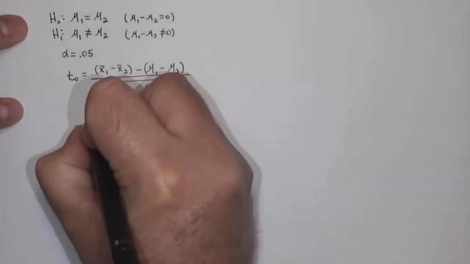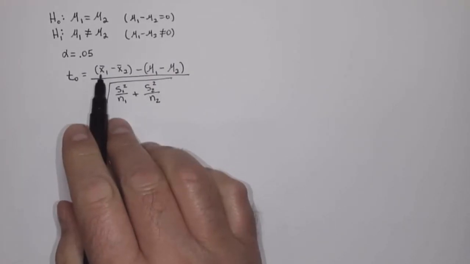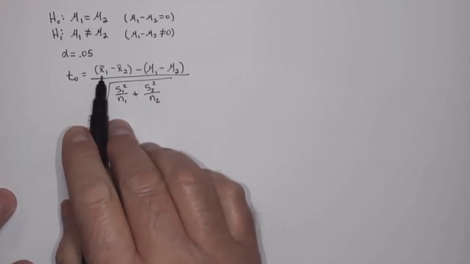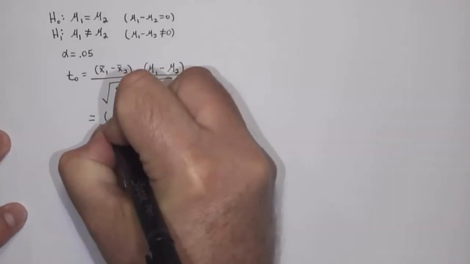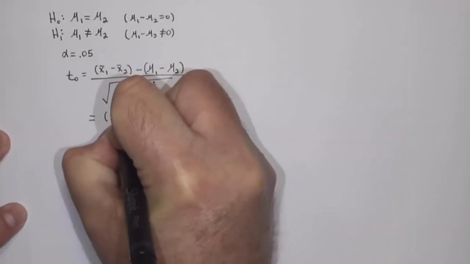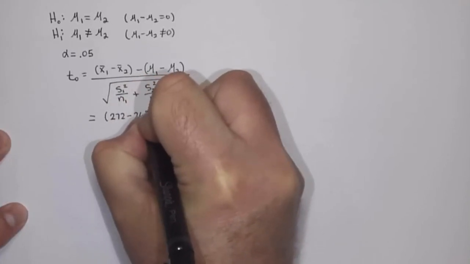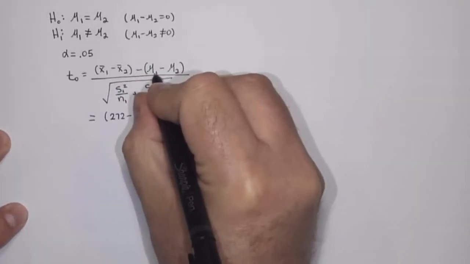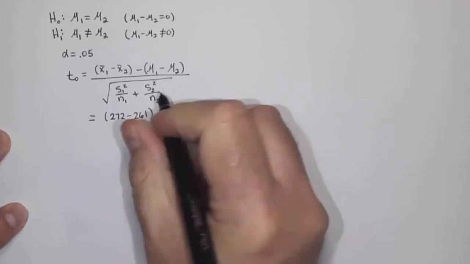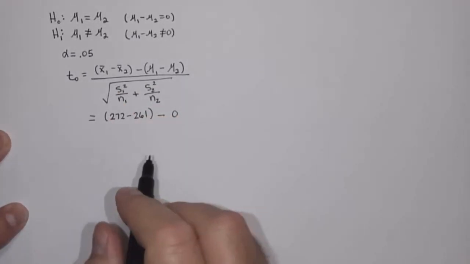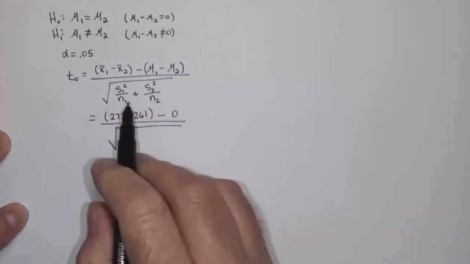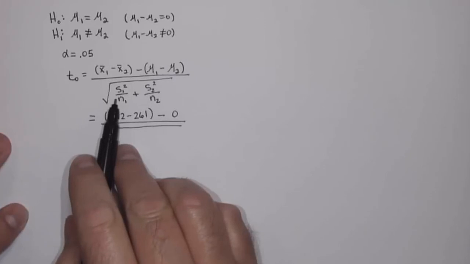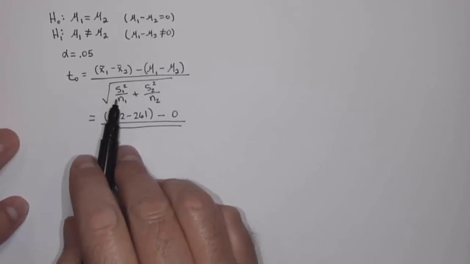Now, we were told that x bar 1 is equal to 272. We're told that x bar 2 is equal to 261. So we have 272 minus 261 minus, again, mu 1 minus mu 2 will be 0 if mu 1 and mu 2 are equal. And we're going to divide that by the square root. Now, we were told that the standard deviation of the business traveler's walking speeds was 43.